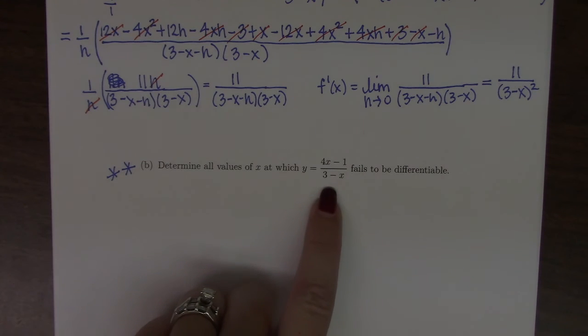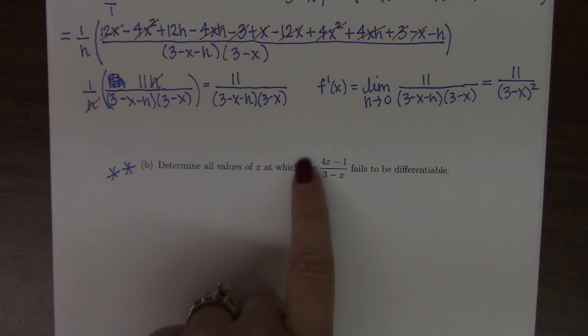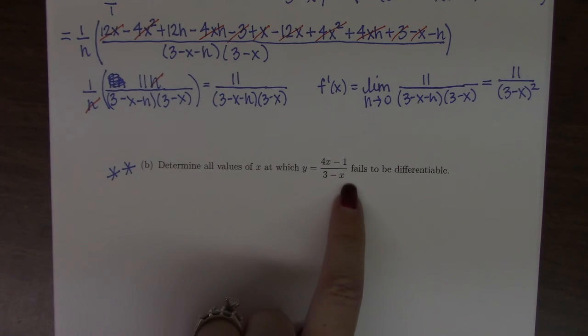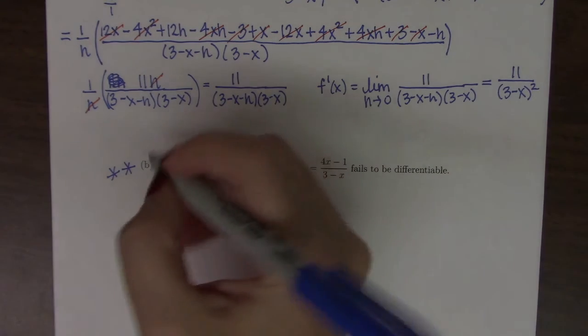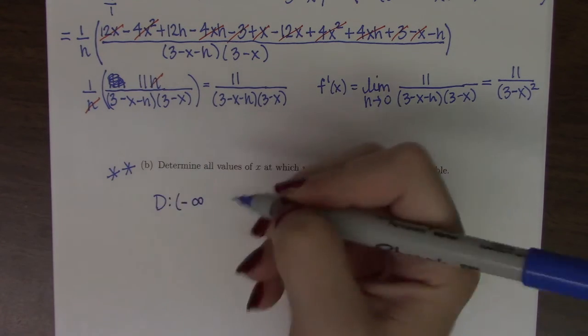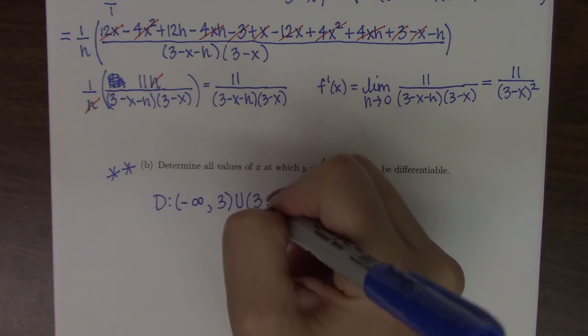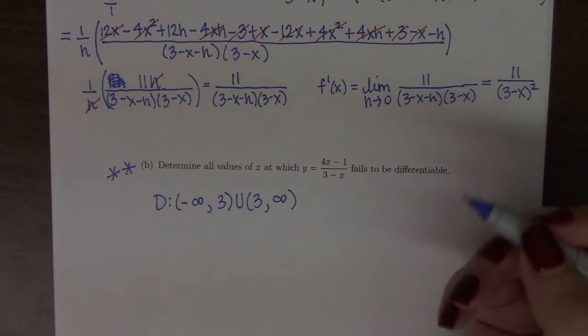So if we look at this guy, well, the only value of x that is not allowed to be plugged into this function is 3. 3 would give us 0 in the denominator. So the domain of this function is negative infinity to 3, not included, and 3 to positive infinity.